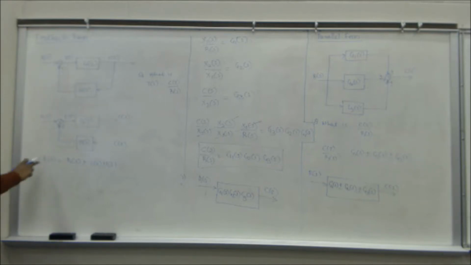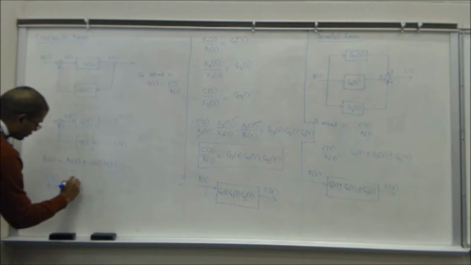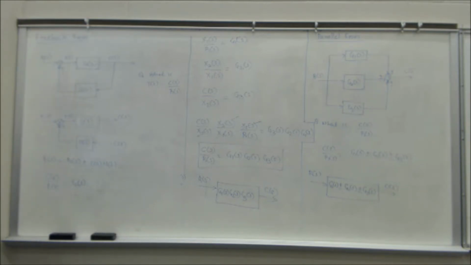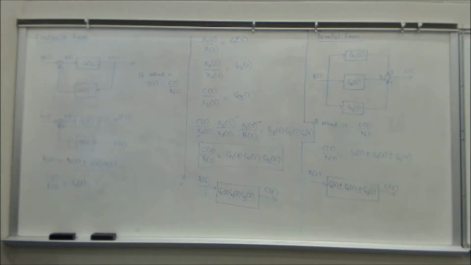This is my E of S. Now, what is C of S over E of S? This is G of S. Right? C of S over E of S is G of S. Okay?